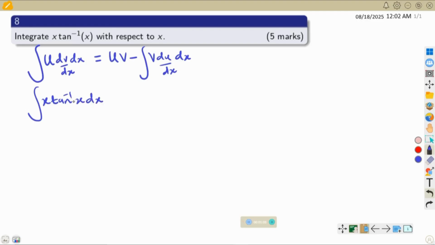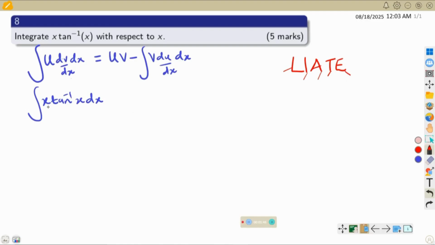But on these two, we have to choose which one is u and which one is the dv by dx. So we are going to use this word LIATE. These factors are grouped into two. L stands for log, I for inverse, A for algebra, T for trig, and E for exponential.